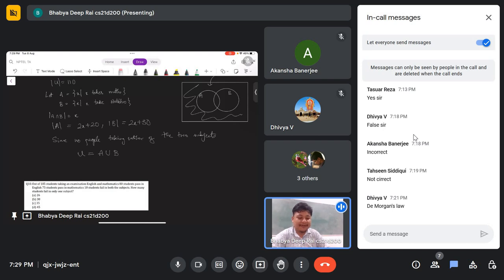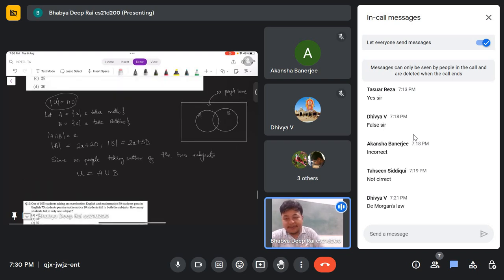If no people are sitting here, then the universe is as good as these people, A union B, because there are no people sitting in the gap. So the universe sort of collapses to these two spheres. But we know that the size of U equals 110, which means the size of A union B is equal to 110.